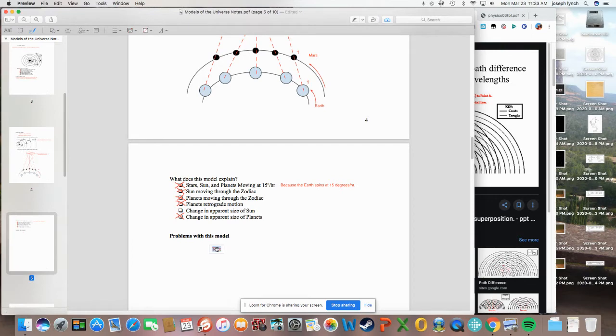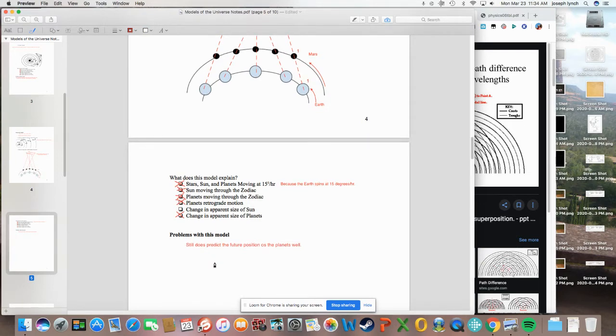So other problems with this model is it still does not predict the future position of the planets. Well, so people could say they still like Copernicus's model better.